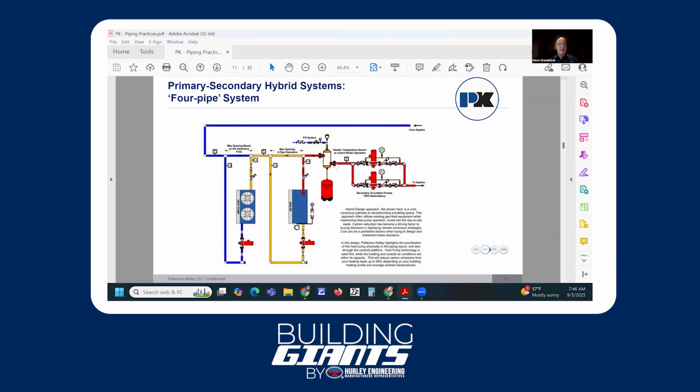And they can typically handle the entirety of the load because it's not that cold outside, and so the building doesn't need as much heat as well. Plus, they do better when it's not that cold outside. So that's when you're going to be running those. So it's kind of like the heat pump's taken the place of the condensing, and the condensing boiler is taking the place of the non-condensing, same scenario, but slightly different operating conditions.